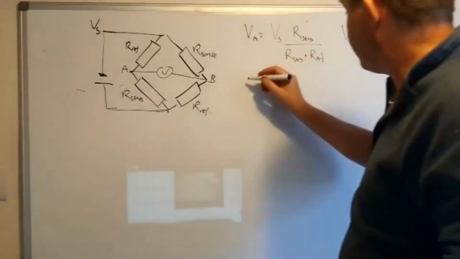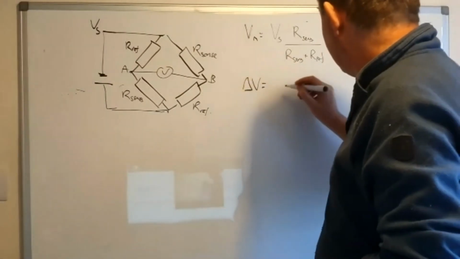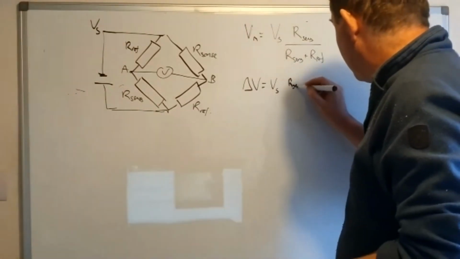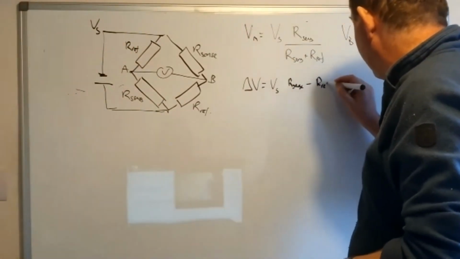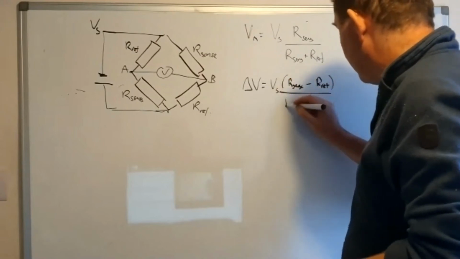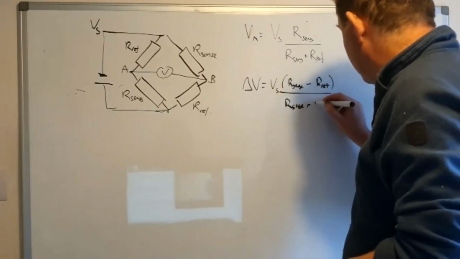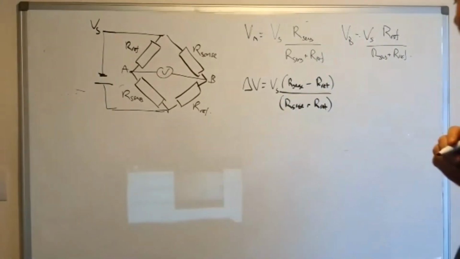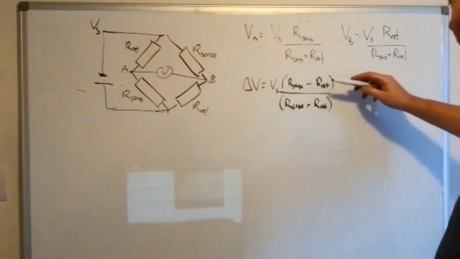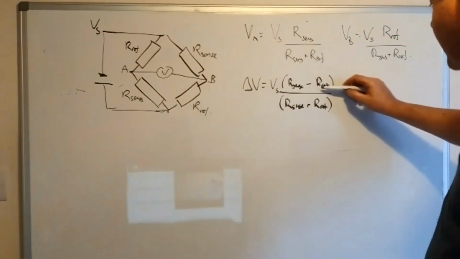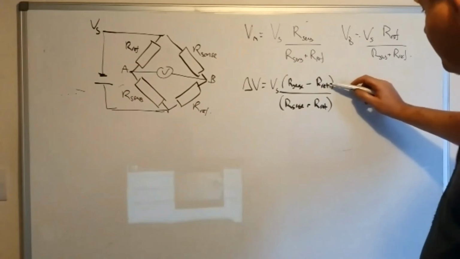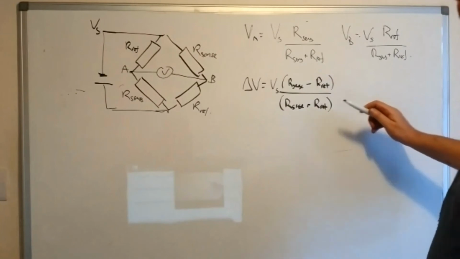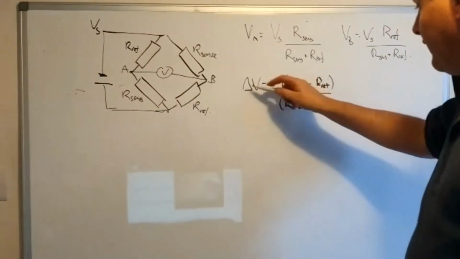And the voltage we measure, delta V, is therefore going to be supply voltage times R sense minus R ref over R sense plus R ref. And so now you can see the effect. If we reduce the resistance here, this top part is going to move away from zero, and this part here will change slightly, but not very much. And so we start getting a voltage we can measure.